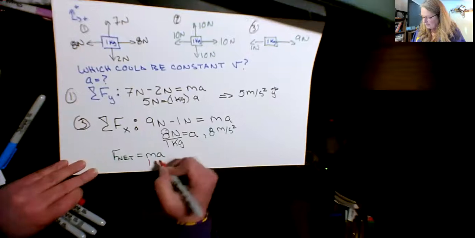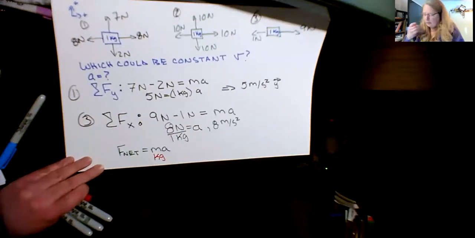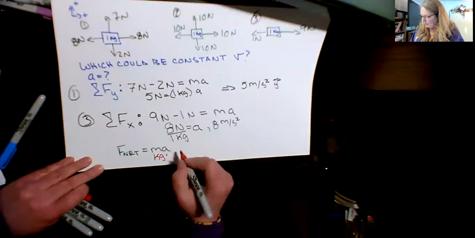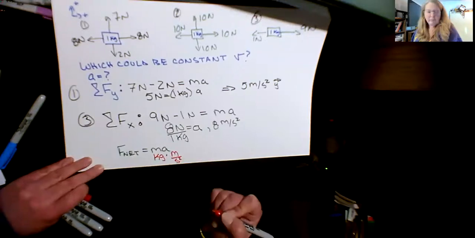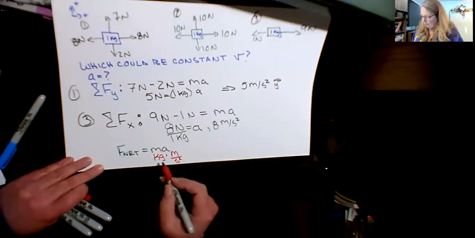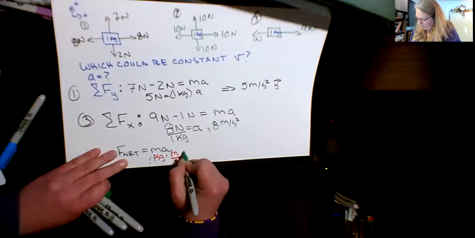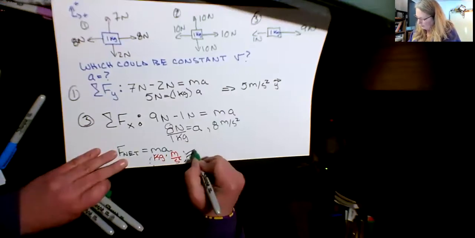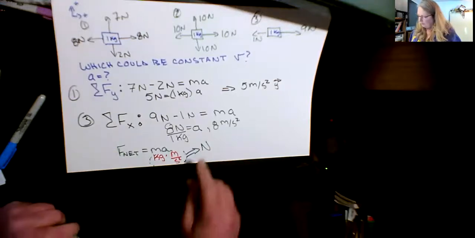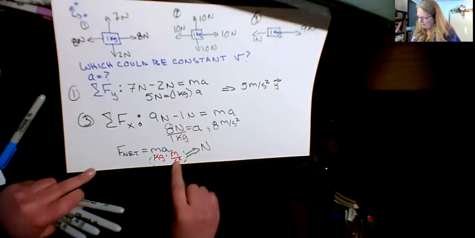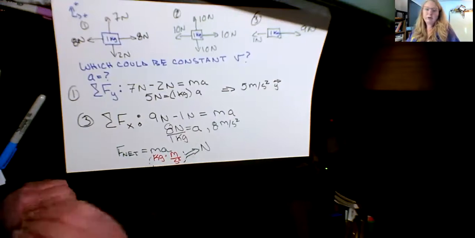Our masses in physics are always kilograms, and acceleration is meters per second squared. So this thing here is what we get tired of writing over and over again. So physicists cheat, and we just call that thing a Newton. So if I have a Newton and I divide it by a kilogram, I'm left with the units of acceleration. It's one of the ways you can double check your work.